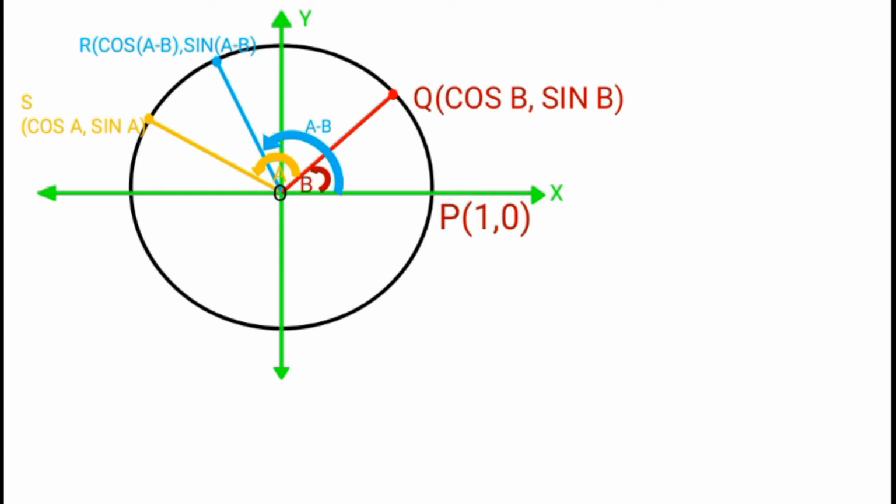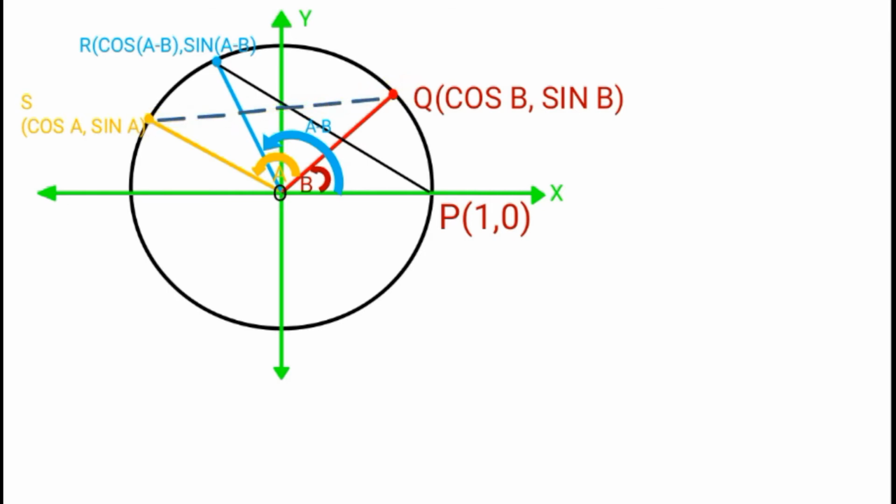Since we're running in a circle here, these points that we have can make chords. There's a chord that goes from point R to point P. That chord right there is what's opposite to this blue angle, which is A minus B. It's called chord RP, but there's this other chord that's between S and Q. And they have a certain distance.